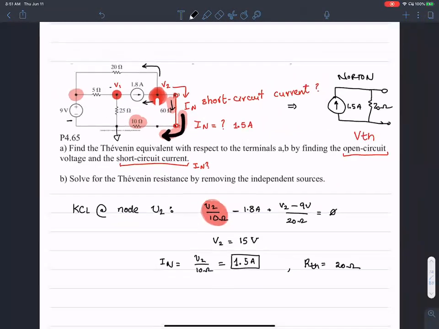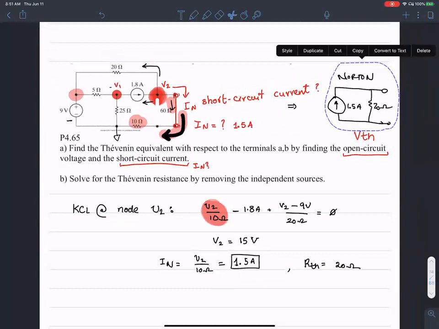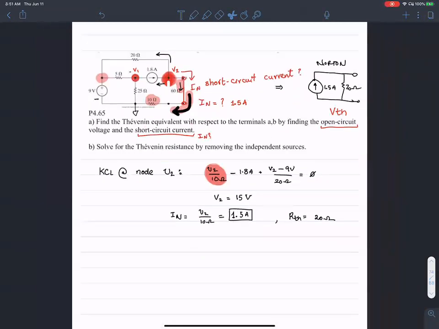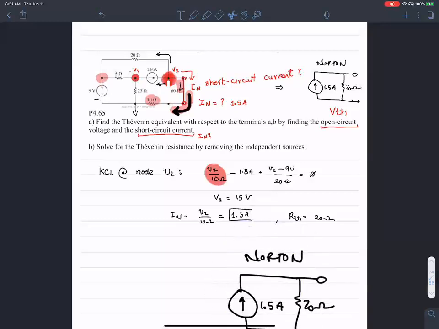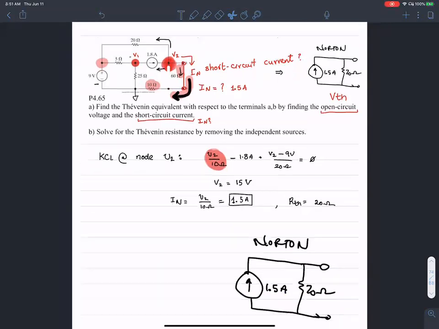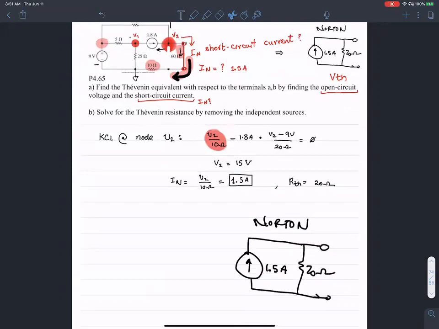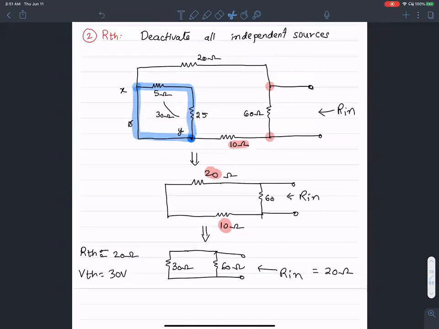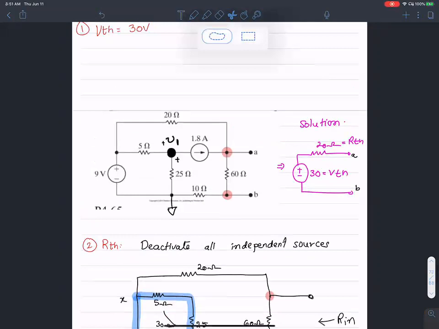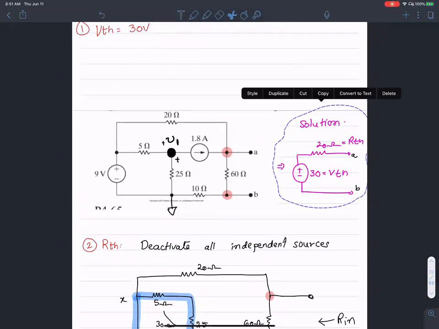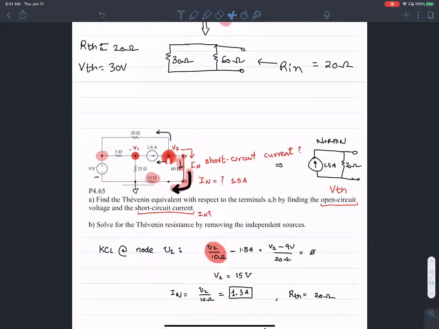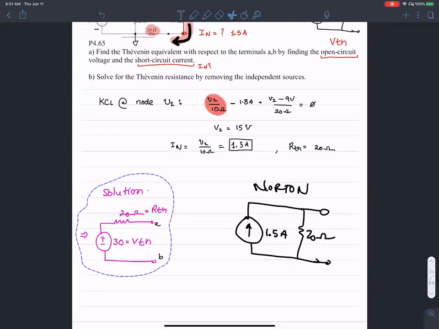Let's compare the Norton equivalent. I'm going to copy it and paste it over here. That's the Norton equivalent I got in the second part of the solution. Let me compare that to the Thevenin equivalent that I got from my earlier problem. From the earlier solution, I had the Thevenin equivalent to be this.